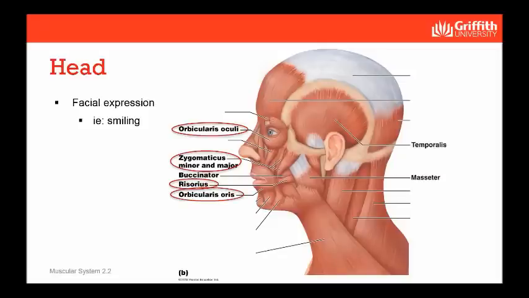Orbicularis oris is another circular sphincter muscle, but this time associated with the lips. Contraction of orbicularis oris closes the lips and allows us to purse or protrude the lips, as if trying to whistle or kiss someone. The buccinator is the deep cheek muscle running horizontally from the maxilla and mandible towards the orbicularis oris.